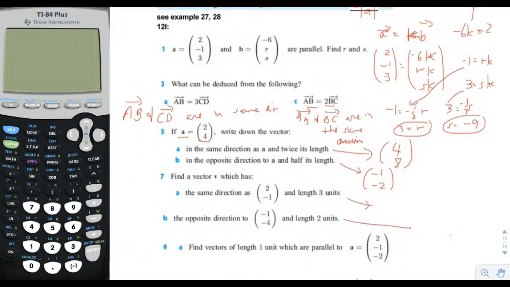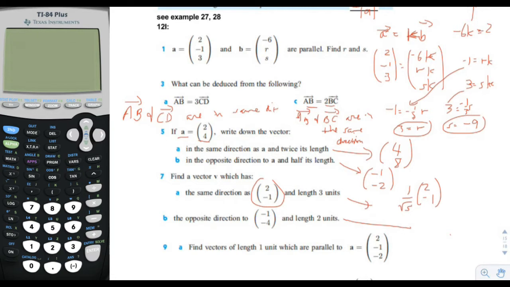Now for 7a, they want a vector in the direction 2, -1 with length of 3. Let's see, what is the length of this vector? It would be the square root of 2 squared plus 1 squared, so the square root of 5. So we take the original vector 2, -1 and divide it by the square root of 5, and that gives us a unit vector.